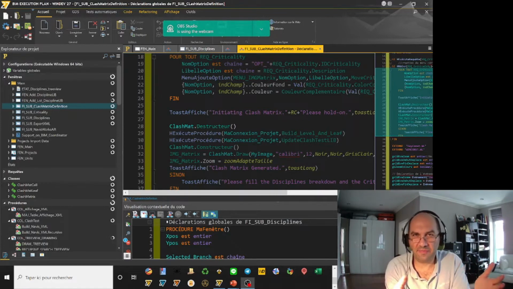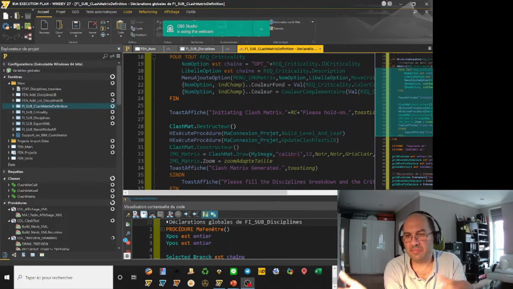I take another example, 30 disciplines, okay? 30 disciplines means 900 divided by 2, 450 clashes to be tested, sorted properly and documented for the supply chain.